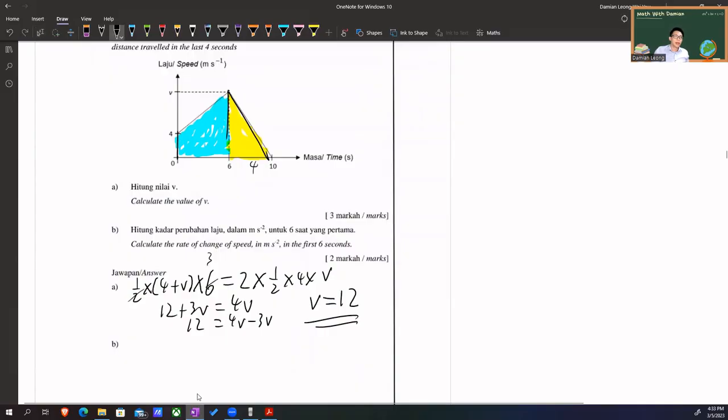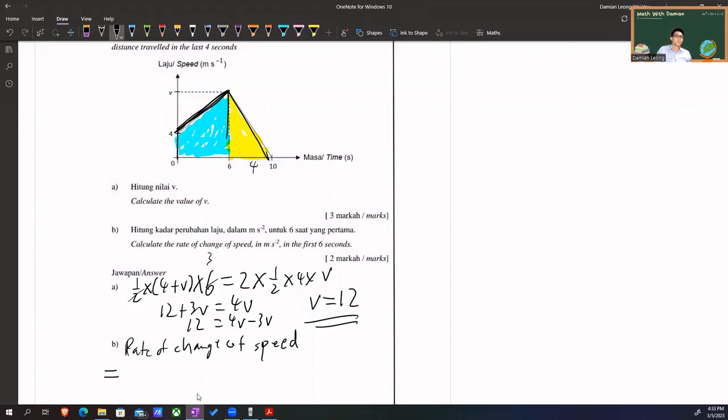Okay. Then calculate the rate of change of speed in the first 6 seconds. Rate of change of speed means the acceleration here, for the first 6 seconds.